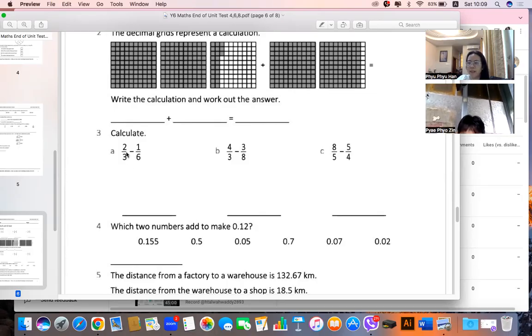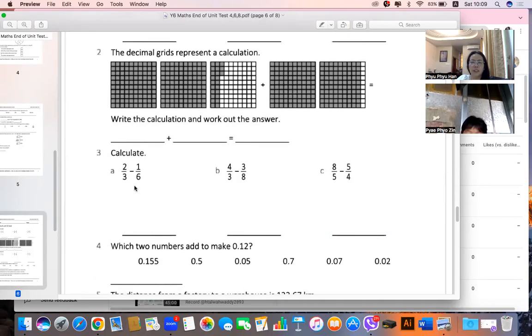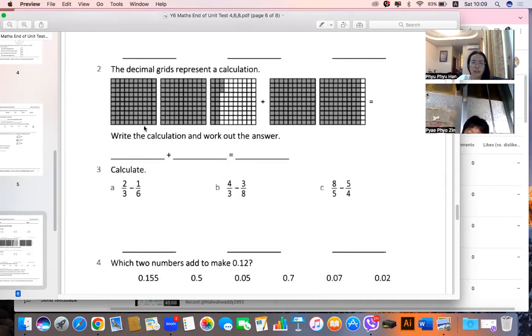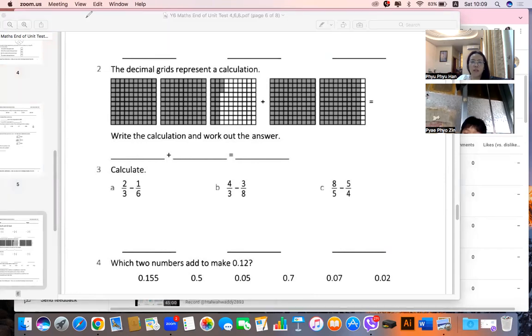I will just make the 3 into 6, because anyway the denominator will be equal if I make the 3 into 6. So 2/3 multiplied by 2, because I want to make it into 6. So 2 times 2 is 4, and 3 times 2 is 6.